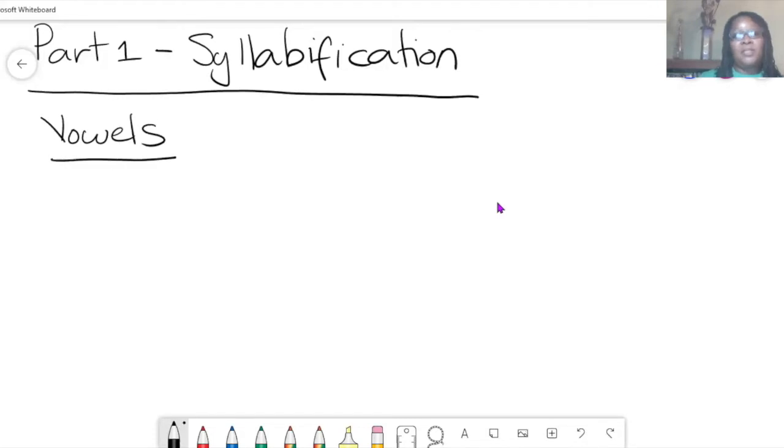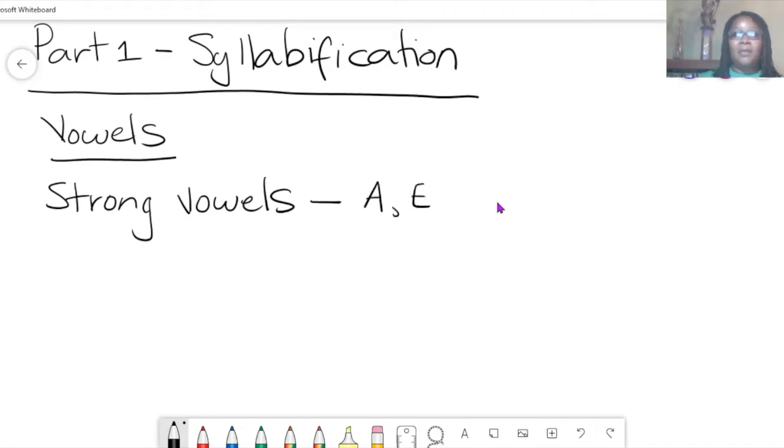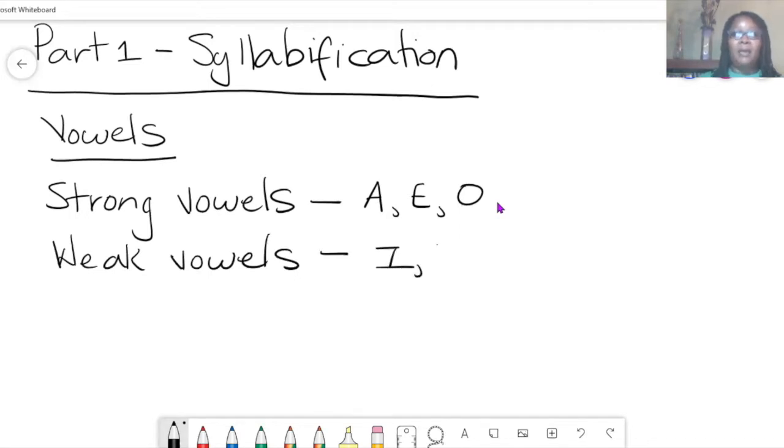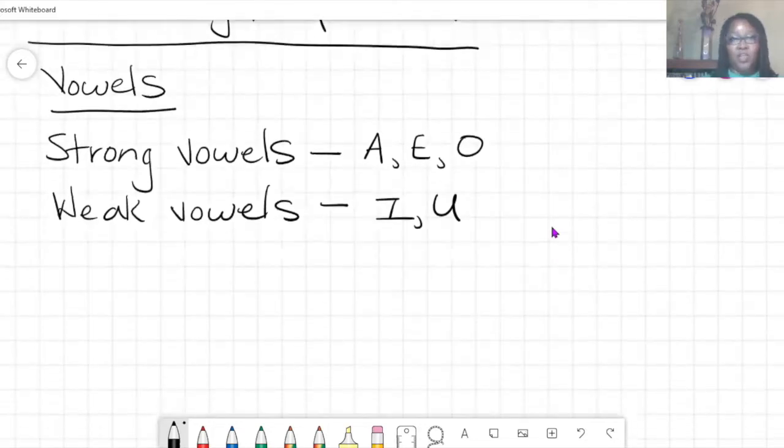We have two categories: our strong vowels, which are A, E, O, and our weak vowels, which by default are I and U. You need to know this because it plays a big part in how you break up your words when it comes to vowel combinations.